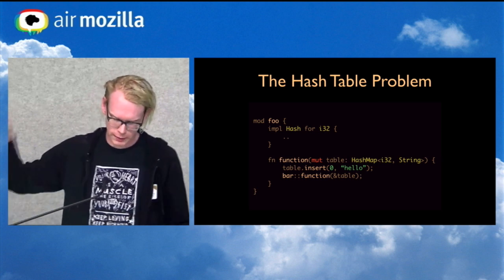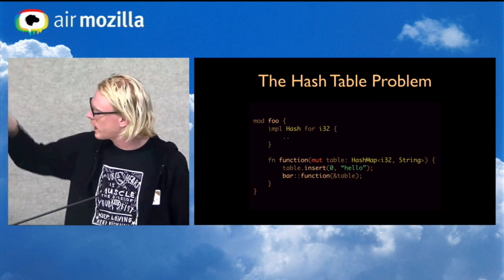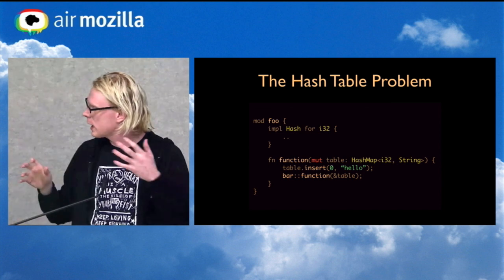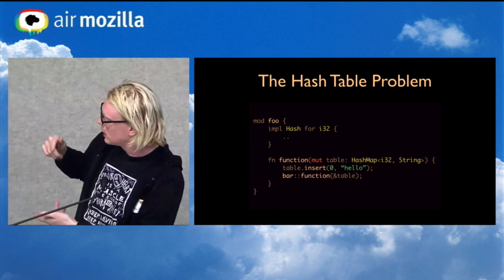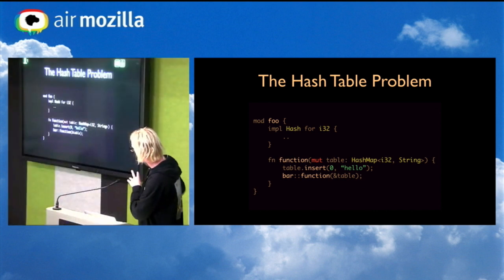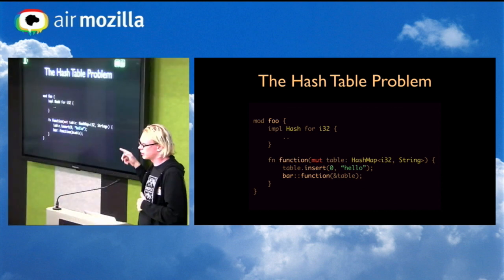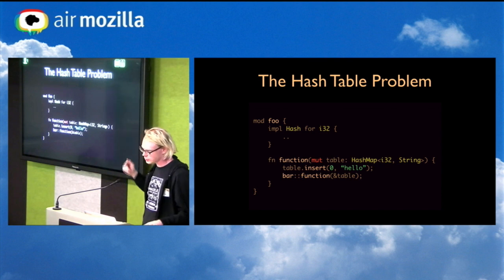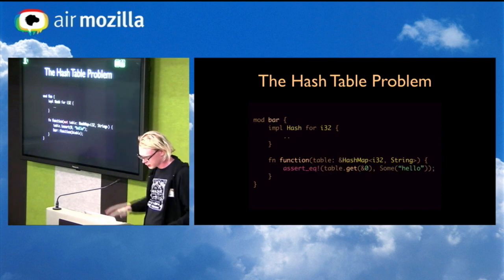So in this module foo, you have an impl of Hash for i32, and you take a hash table and you insert under the key 0 the hello string, and then you call this function from another module. When you're doing this insertion, you're going to be using this impl of Hash.